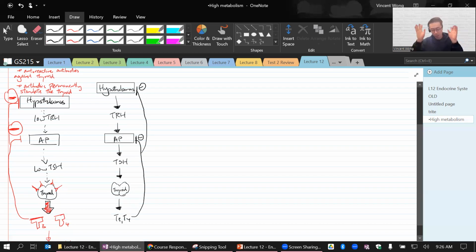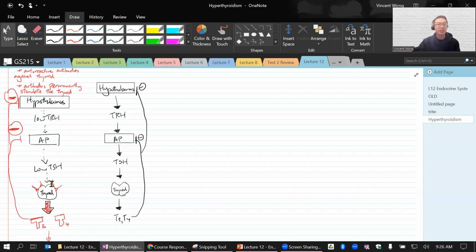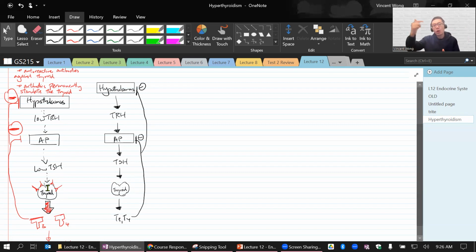Logically speaking, under normal circumstances, when you have low TRH and low TSH, your thyroid will no longer be stimulated, and that should bring your T3, T4 level back down, right? However, despite having low TRH and TSH in this case, your thyroid will continue to pump out a lot of T3 and T4 because it no longer needs the stimulation from TSH and TRH. It has its own stimulation from the antibodies, right?